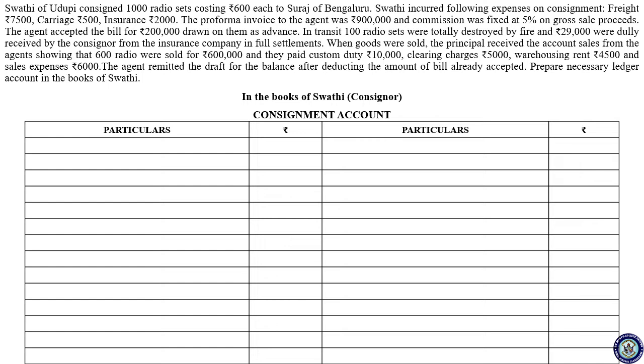First, you have to start with the consignment entry, that is to goods sent on consignment account. 1,000 into 900 comes to 9 lakh. You can directly write 9 lakh because it is given: the pro forma invoice to the agent was 9 lakh.